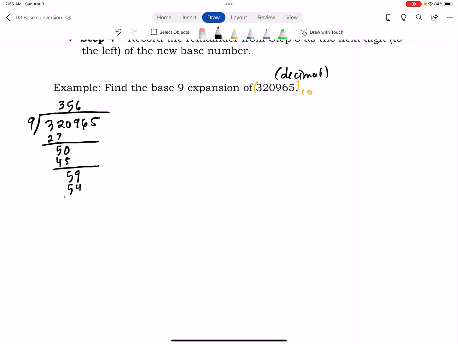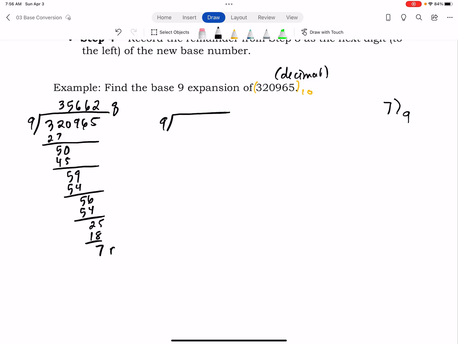I'm just doing long division. What I get is that my quotient is 35,662 and my remainder is 7. So when I'm writing my base 9 expansion, the 7 is going to go all the way over on the right. Then I'm going to divide again.